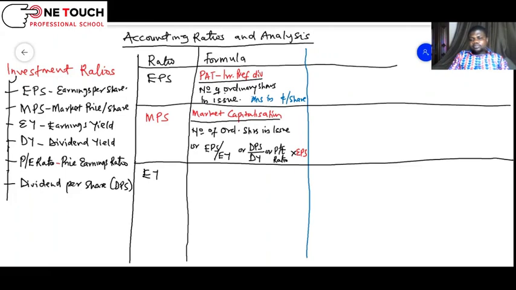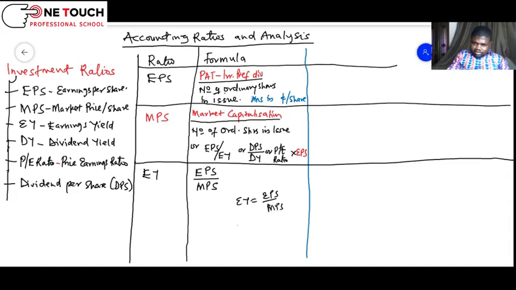So earnings yield becomes earnings per share over market price per share. So you understand why when you do the change of subject, you will get this. Earnings yield is equal to earnings per share over market price per share.